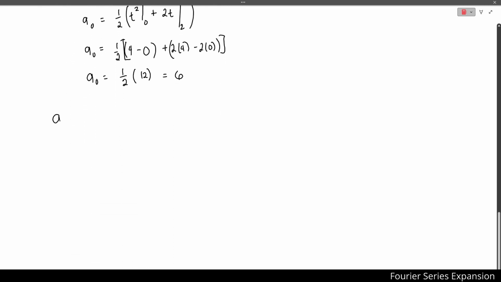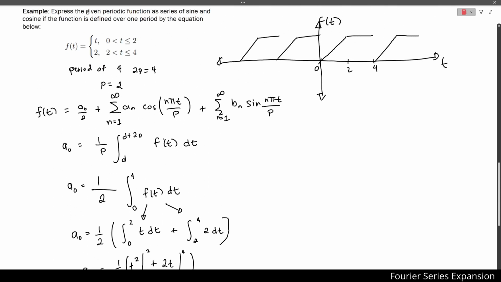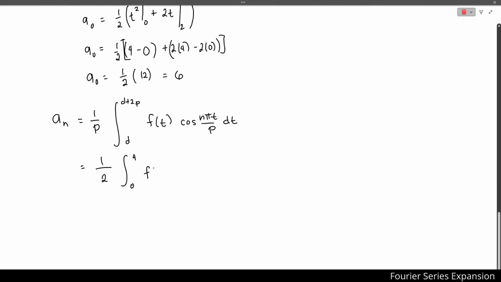For a n, it is equal to 1 over p integral from d to d plus 2p of f of t cosine n pi t over p dt, which equals 1 over 2 integral from 0 to 4. Then, yung f of t, again, nahati sa dalawa, have t from 0 to 2, and from 2 to 4, 2 lang siya.